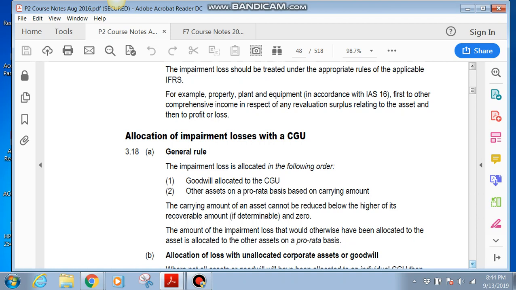So that asset which has been identified in the question as being impaired, before you do the pro rata basis, you have to allocate the impairment to that particular asset. Then the remainder will now be allocated on a pro rata basis with the exclusion of that one which you already identified in the allocated impairment loss.